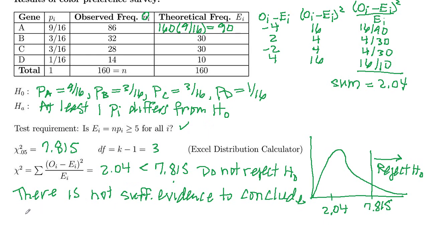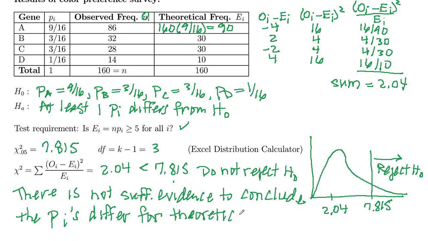So there's not sufficient evidence to conclude the probabilities, the p sub i's, differ from theoretical. So based on this data, we can conclude that these observed frequencies are behaving in the same way that we would expect them to.